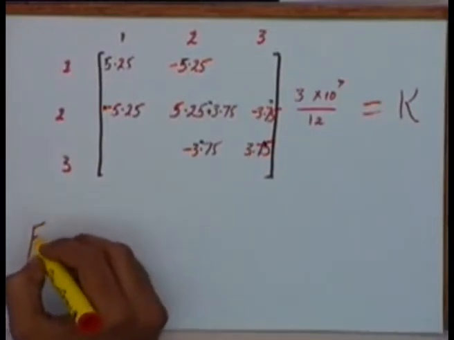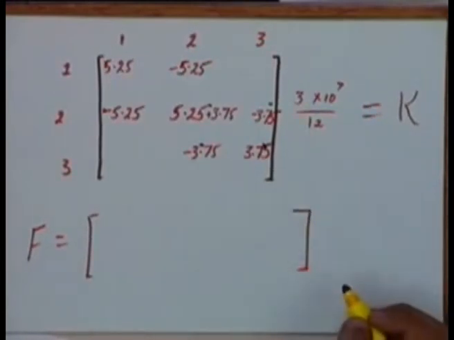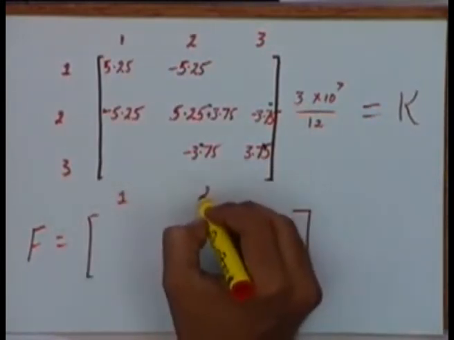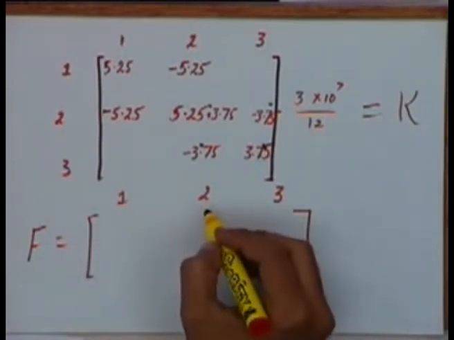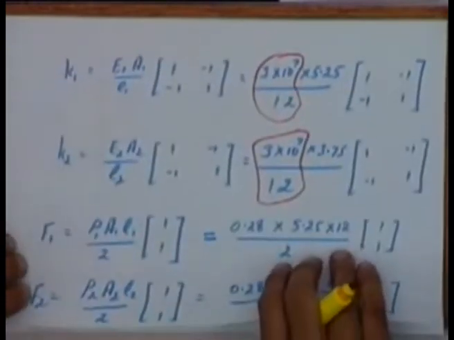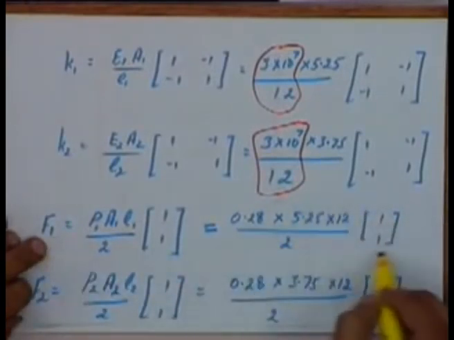Okay, and my global force matrix will also consist of 3 terms, locations 1, 2 and 3. Between locations 1 and 2, I'll get the force terms coming from the first element, that is this.